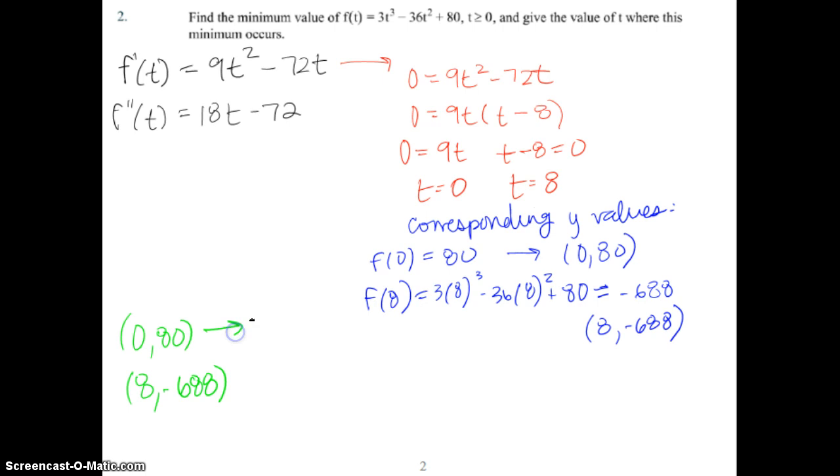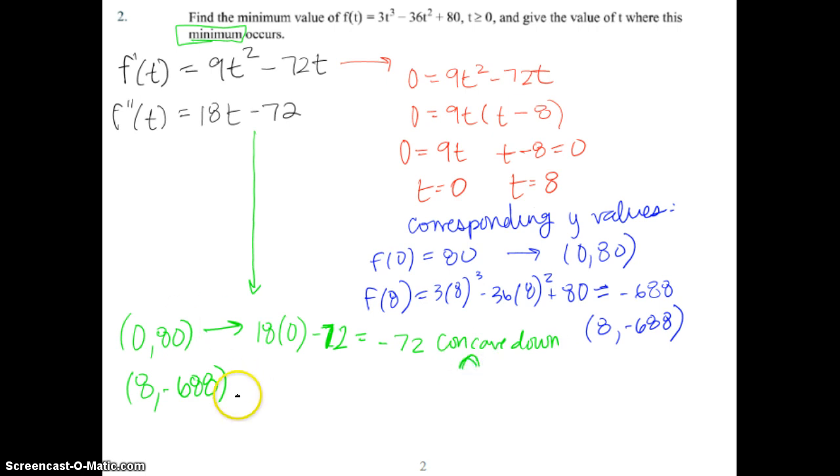So to find which one is a maximum and which one is a minimum in this case, we need to determine the concavity. So we use the second derivative, and we say 18 times 0 minus 72 is going to be negative 72. So that's going to be concave down, which looks like this, so that's going to be a maximum. So the other one obviously has to be the minimum, hopefully.